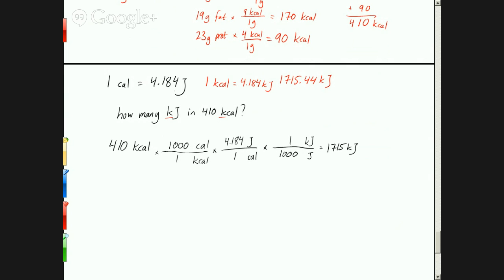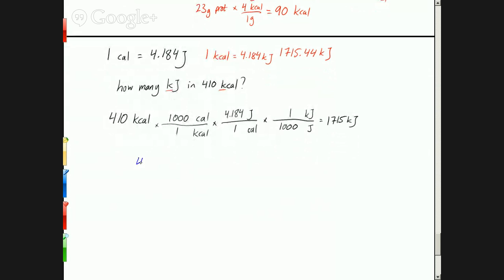That's fine. So the other way you could do this is, let's write it out here: 410 kilocalories, and you get the same answer.